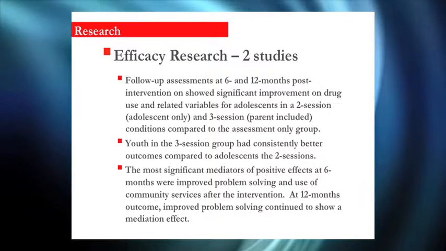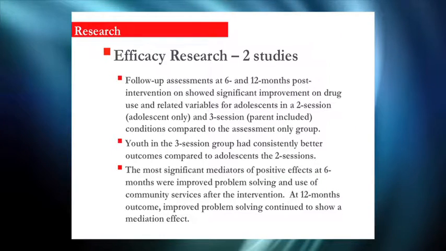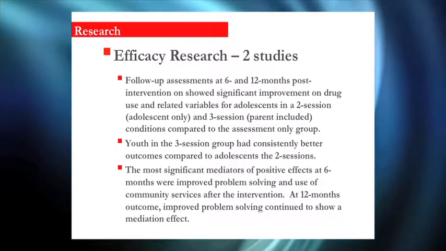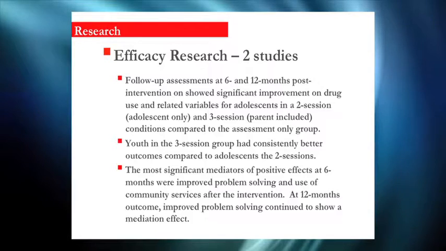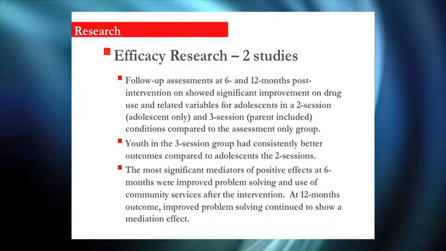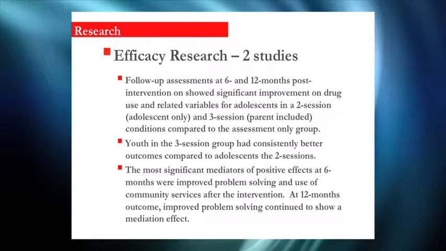What is also improved at outcome, which mediates improvement in drug use, are reductions in drug use, improvement in problem solving, and use of community services. So problem solving improved in the teenagers. You get that from both conditions, but it looks like the extra benefit of the parent condition is a slightly higher rate of additional services used by the family for counseling and help after the intervention is done.